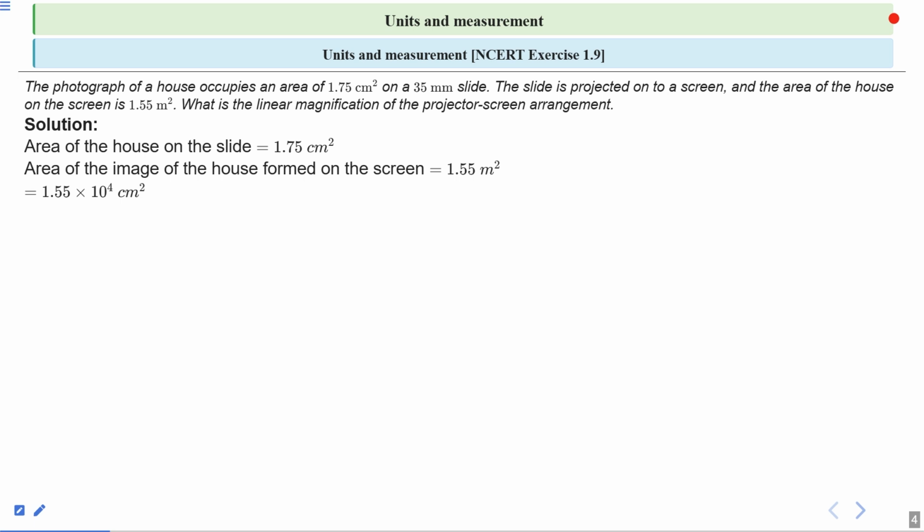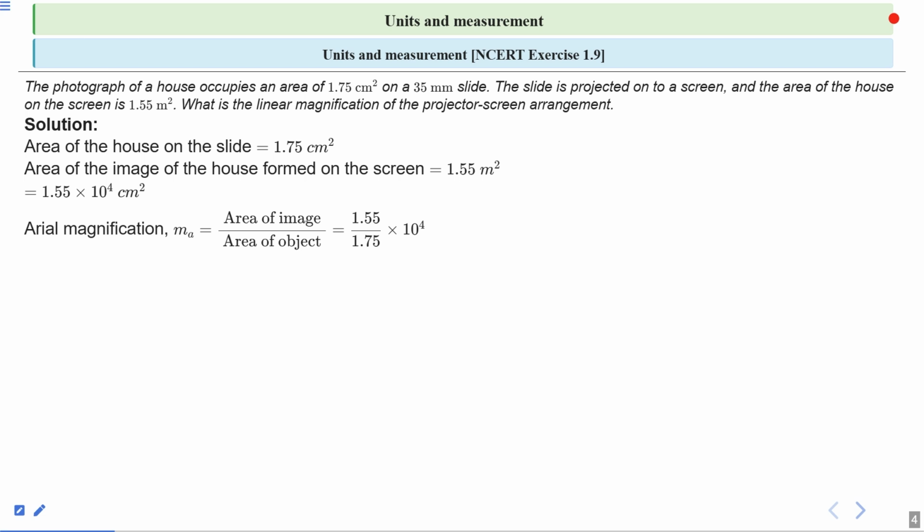Yes, so let's see the next line: areal magnification is equal to the area of the image divided by the area of the object. Here the object is not the real house. The object is the image on the slide, and the area of the image means what is being projected on the projector. So it is 1.55 into 10 raised to 4 centimeter square divided by 1.75 centimeter square.